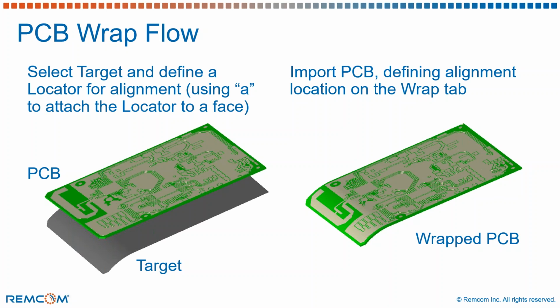As part of that, you define a locator. If you're familiar with XF's modeling capabilities, you might already be familiar with the locator. It just defines a position and directions on any part in the project. Then you go to import the PCB and specify that you want to match this PCB to that locator. I will be demonstrating these things, so if that didn't make sense, I hope it will by the end.